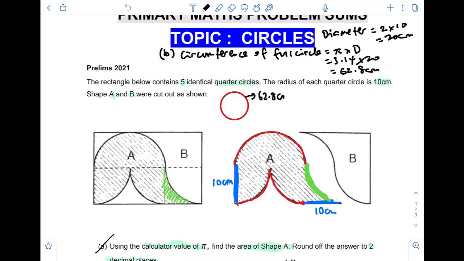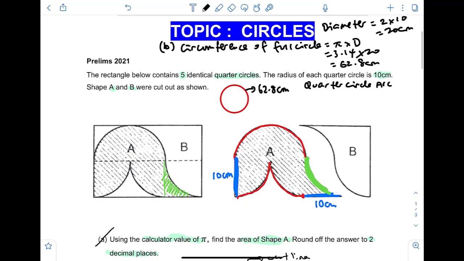62.8 cm. And not forgetting, you still have the blue section, which is 10 plus 10, plus the green one. The green one is called a quarter circle arc, and that will be equal to 1/4 of the full circumference.